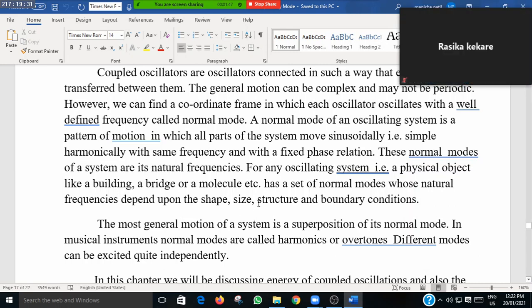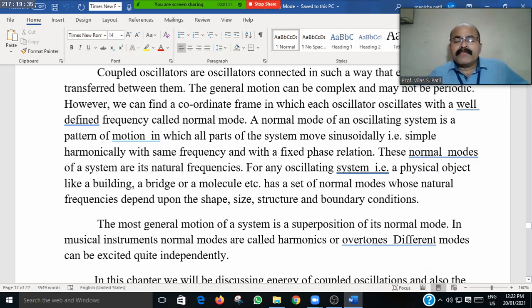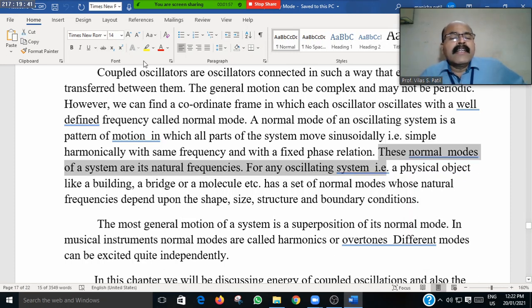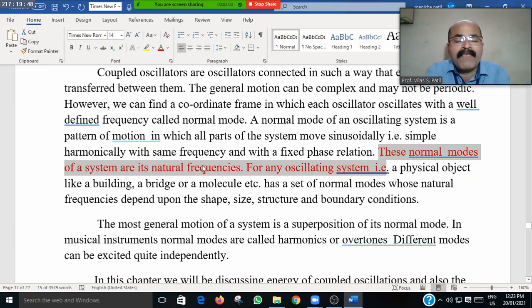Yes sir. Okay. Then in normal modes, that is this normal mode of the system, it's at the natural frequency, that is the oscillating frequency, that will be known as the natural frequency of the SHM.